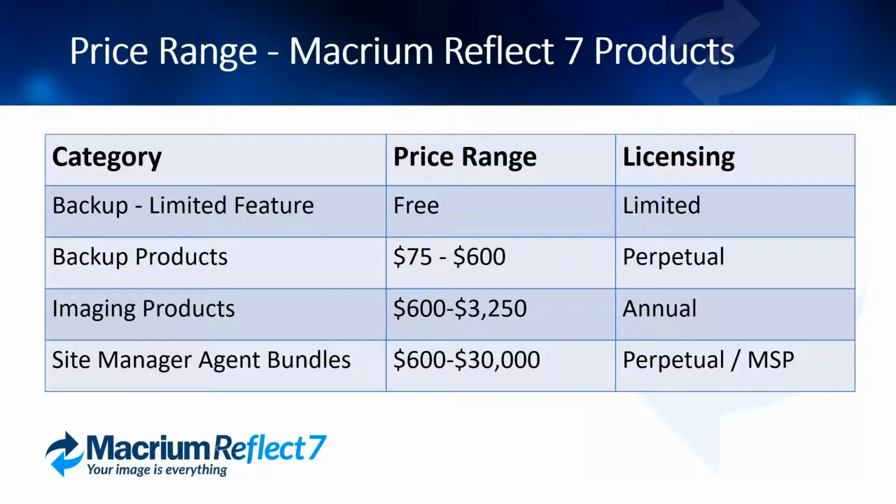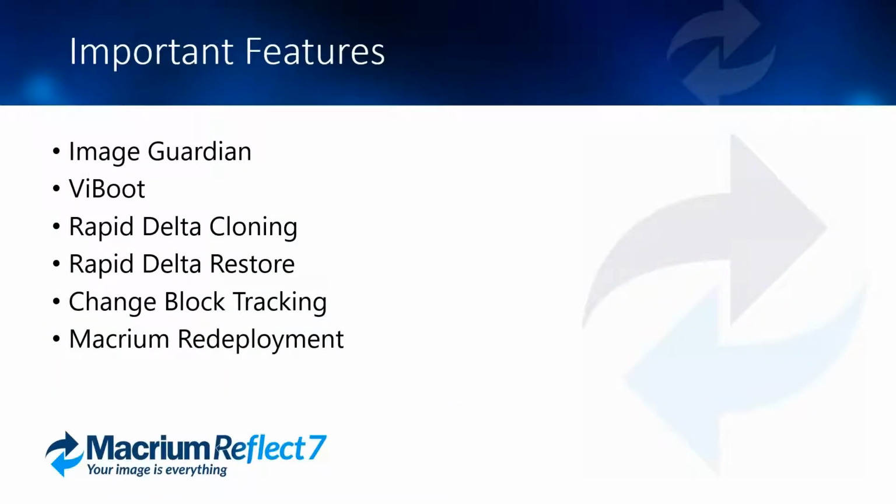Our free product has limited features, and it's generally used for lead generation. If you were to YouTube Macrium, you'd see a ton of people that were selling our product for us. A lot of the time the people that come in, even on the larger deals we make, have downloaded copies of the free edition. Then that steps up into our backup products that are 75, and all the way up to the imaging products that go to 3,000, then into the bundles, which we've already discussed.